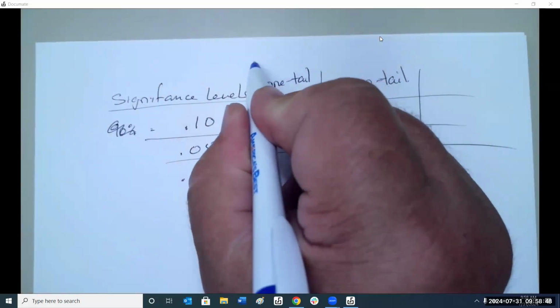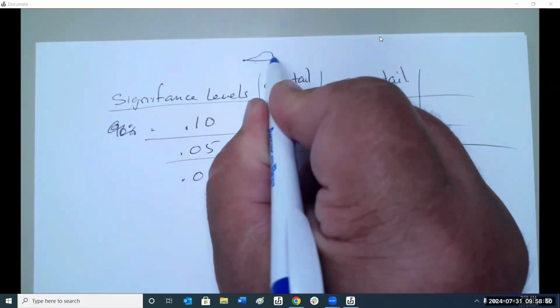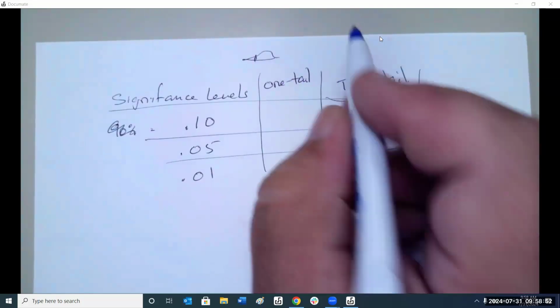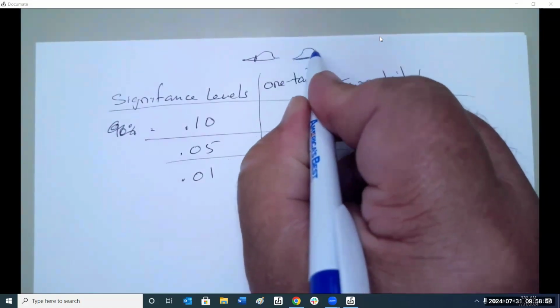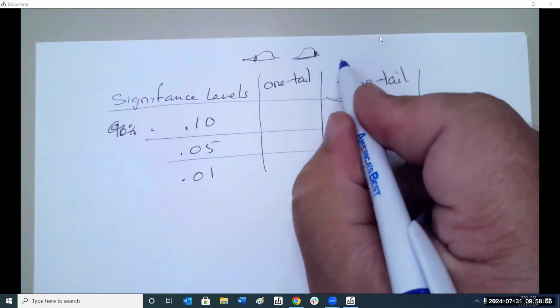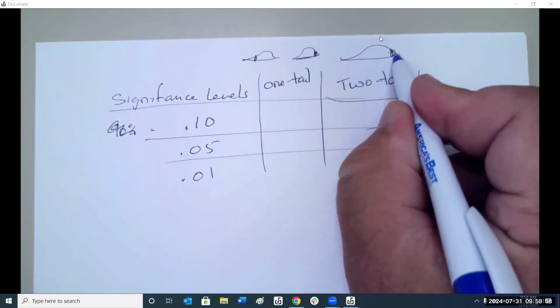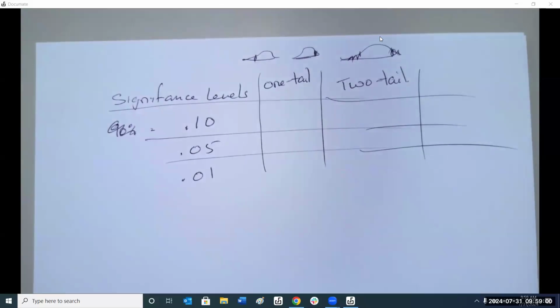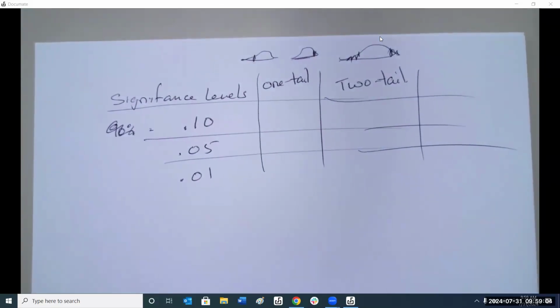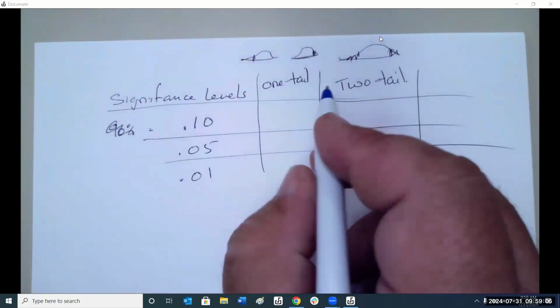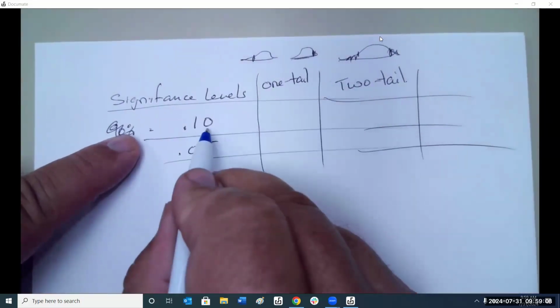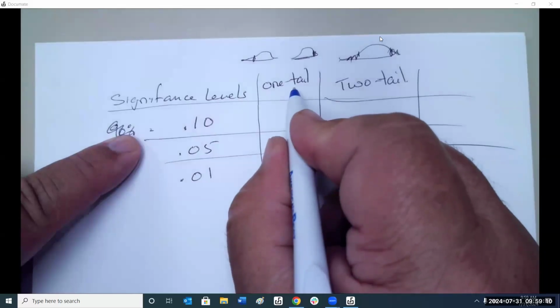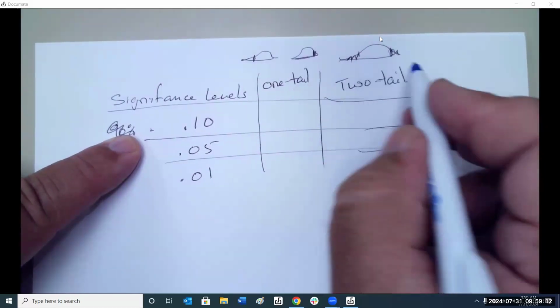And one tail, it could be one tail left, one tail right, or two tail. And this is what we're looking at. So if it's 0.10 for a two-tail test, that's the most common we use.